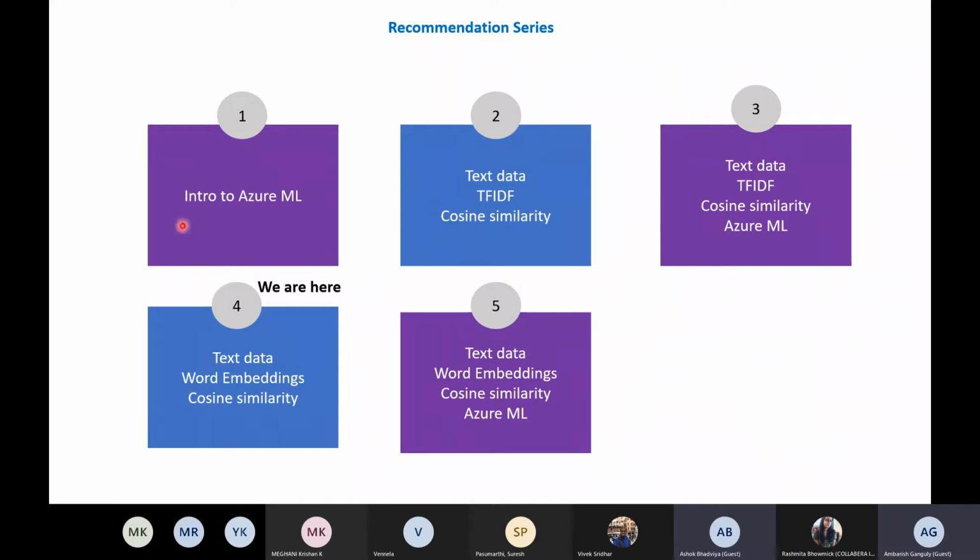We have done the intro to Azure ML. We have done a recommendation engine with text data, TF-IDF, cosine similarity. We then deployed it in Azure ML in session 3.